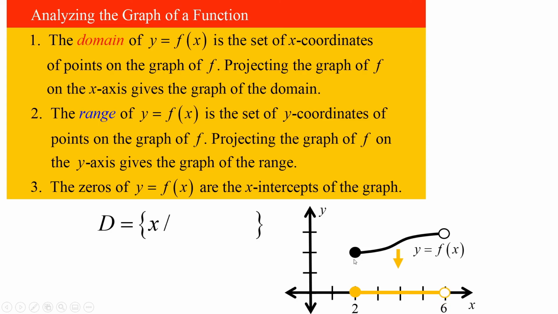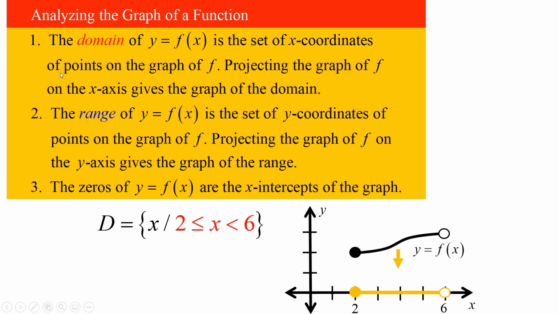And the graph is everything in this half closed interval from 2 to 6. So we're going to write that as 2 is less than or equal to, because this is closed, x, and x is, now this is open, so less than 6. And there's the domain. If you just give me that double inequality, I am fine with that.